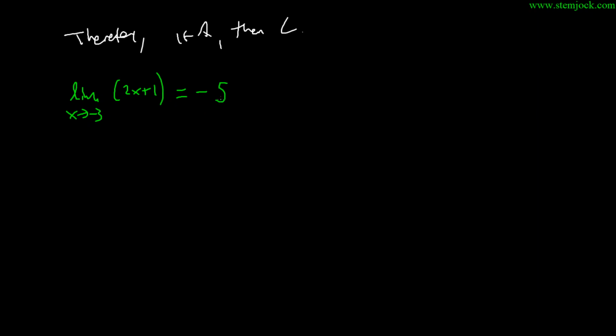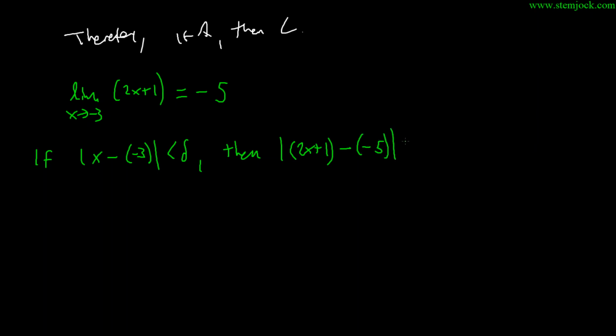The way we prove this limit using the precise definition, we write: if the absolute value of x minus -3 is less than delta, then the absolute value of 2x plus 1 minus -5 is less than epsilon.